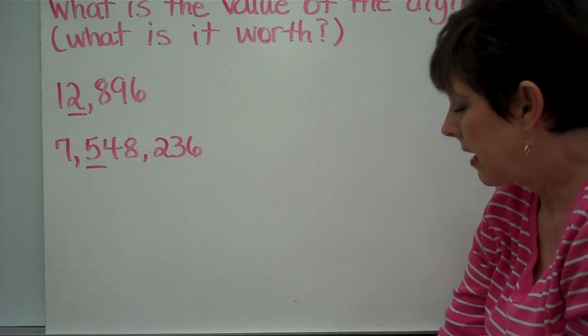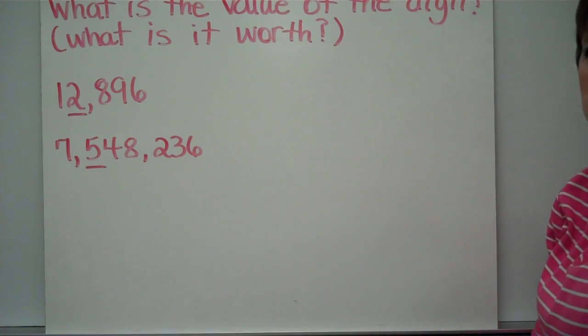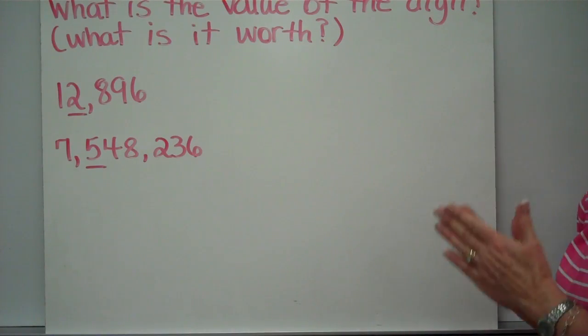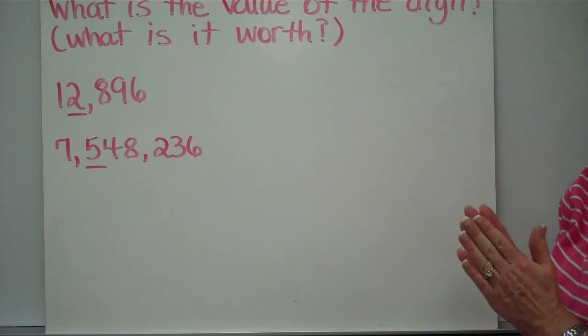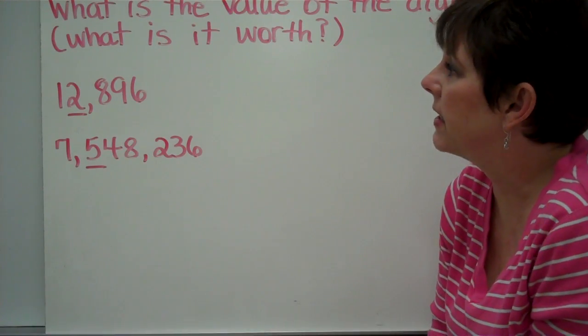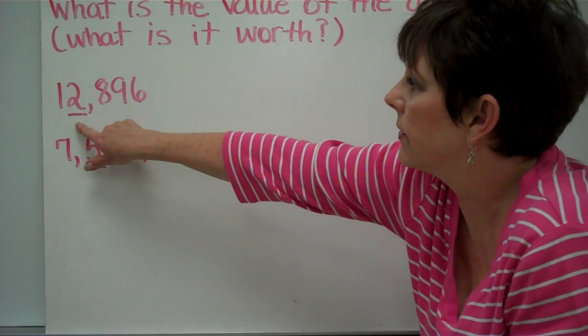Now, the value of the number. What is it worth? This is where you find the place value and multiply the number by what its place value is. All right, we see the number 12,896, and the 2 is underlined.